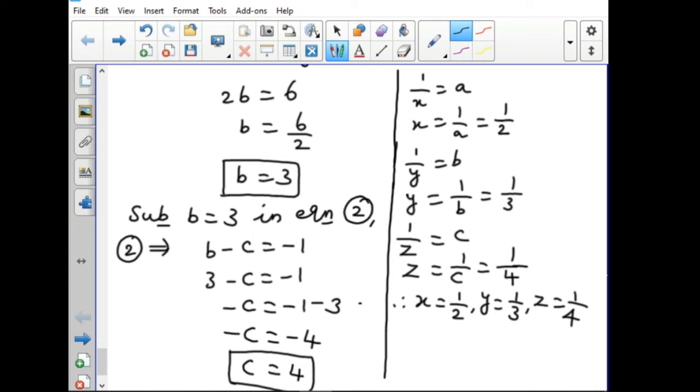Again we substitute in terms of 1 by x, 1 by y and 1 by z. So x equal to 1 by 2, y equal to 1 by 3 and z equal to 1 by 4. Therefore, the solution is x equal to 1 by 2, y equal to 1 by 3 and z equal to 1 by 4. The second problem is also over. Next one, third one.